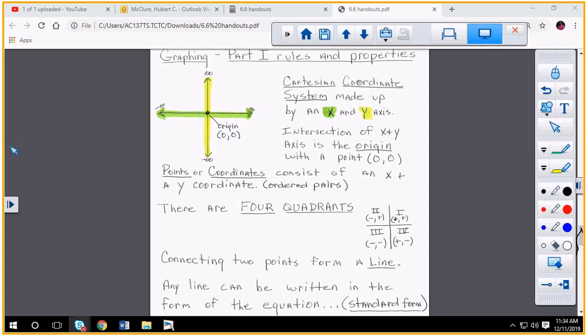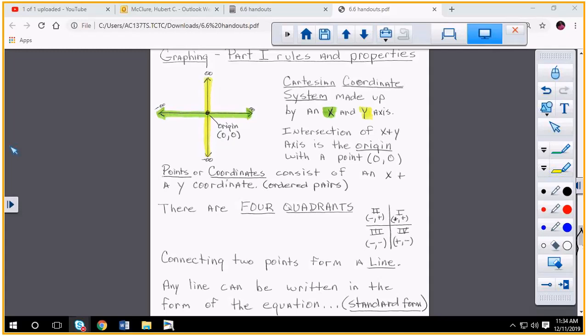That's why I did a separate video on it, because you're going to see some equations and you're going to think, why aren't we solving them? Well, these equations have two variables in them because we're going to be dealing with the x and the y axis.